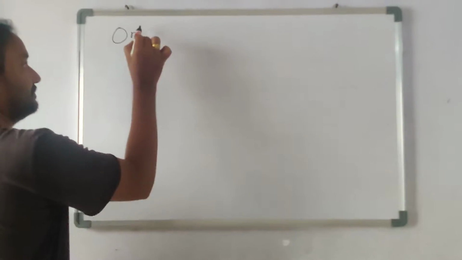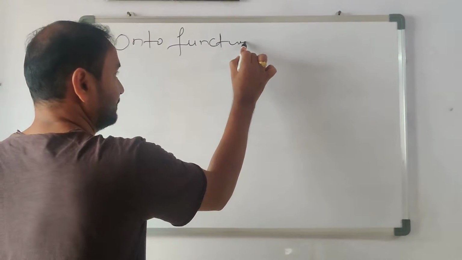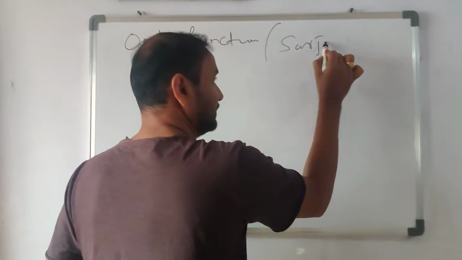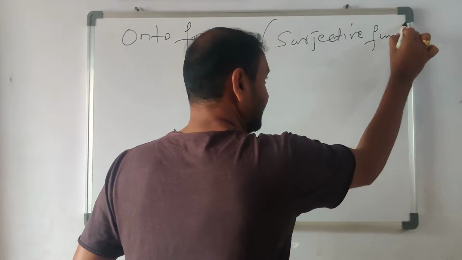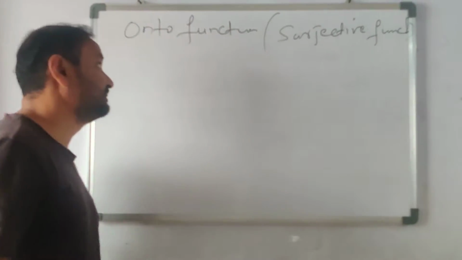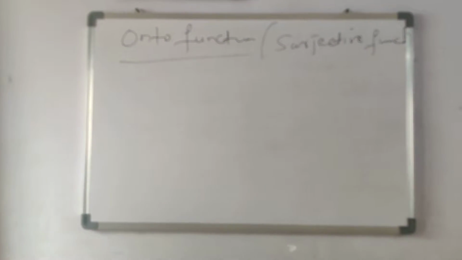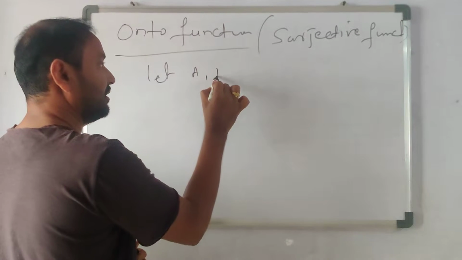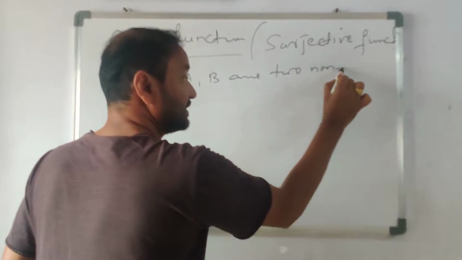Onto function, in brackets surjective function. The definition of the onto function. So here also you take, let A, B be two non-empty sets.